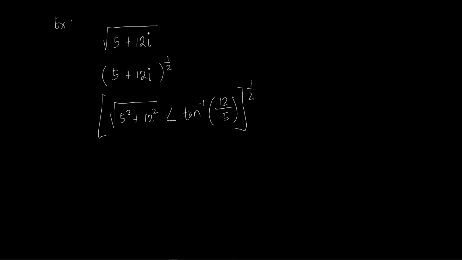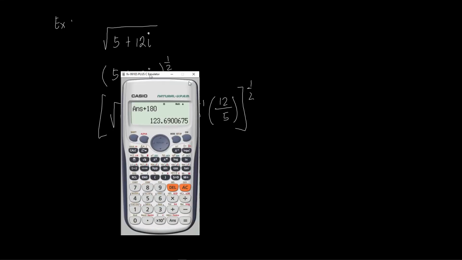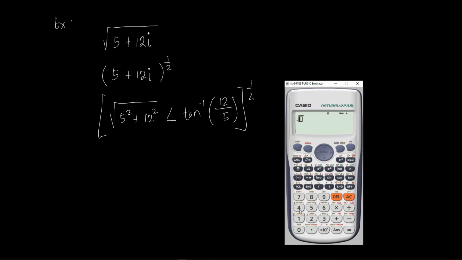Okay, so pila man ng 5 squared plus 12 squared, then square root of 5 squared plus 12 squared. That is 13. Okay, so we have 13 angle arctan of 12 over 5.